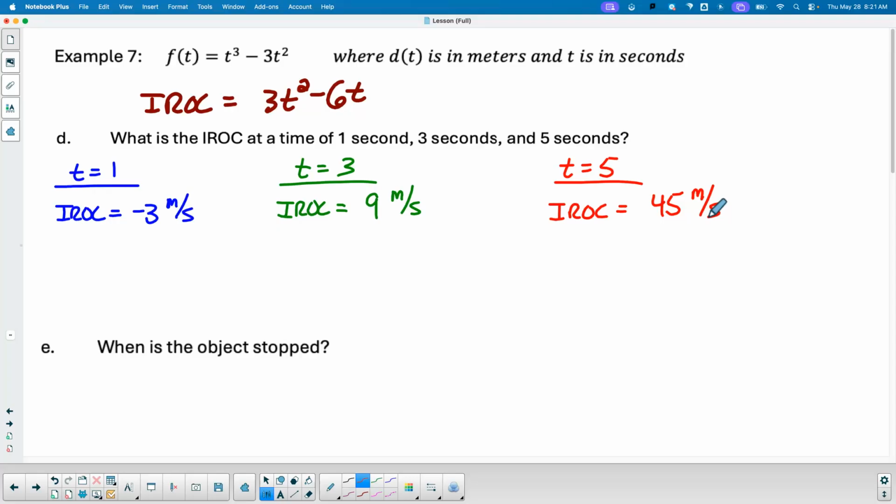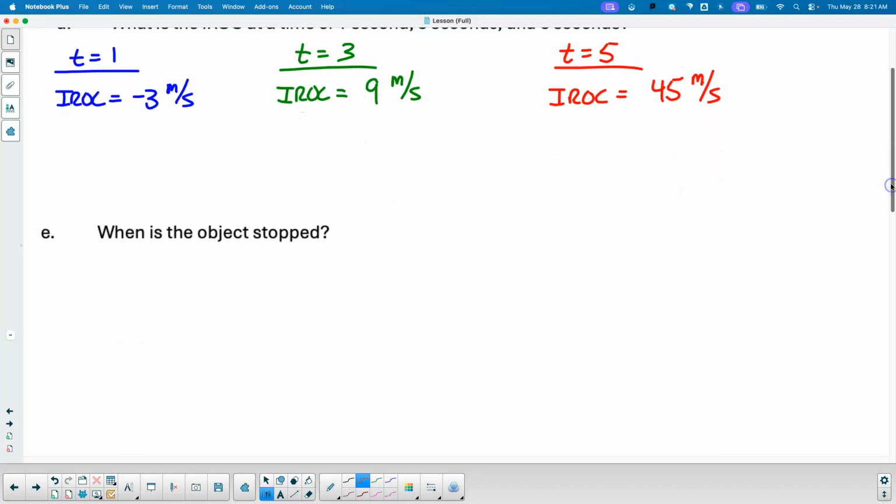How do I know when my object is truly stopped? Set the IROC equal to 0. Yes. So my IROC was 3t squared minus 6t, and I set that equal to 0.